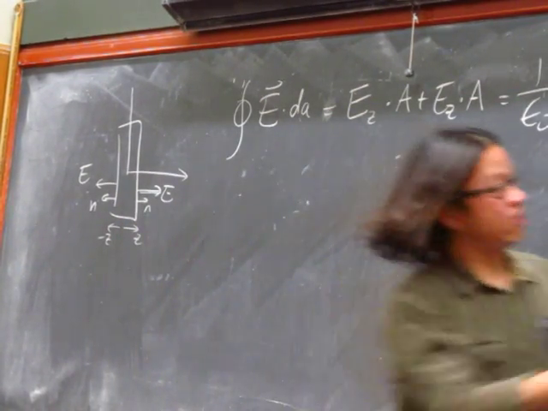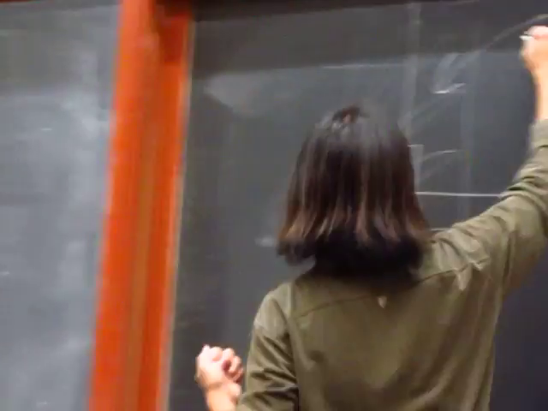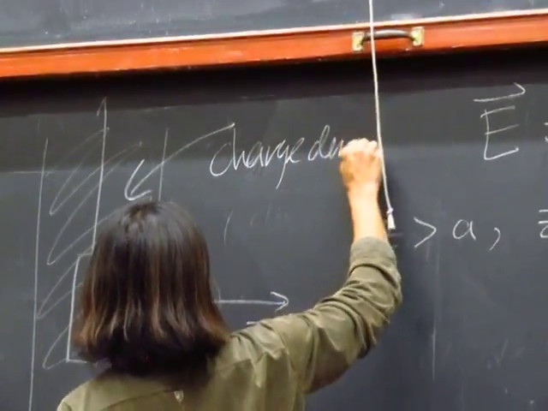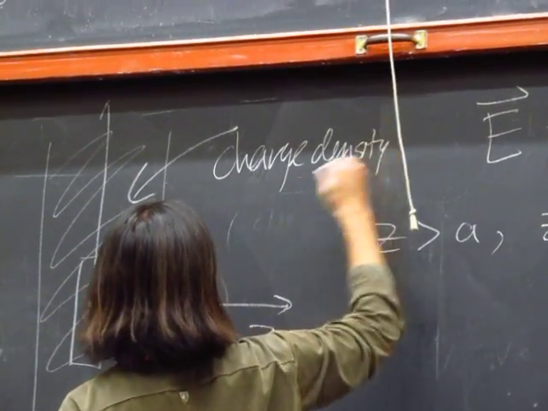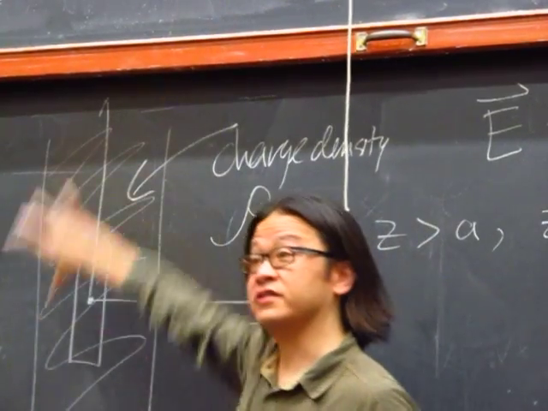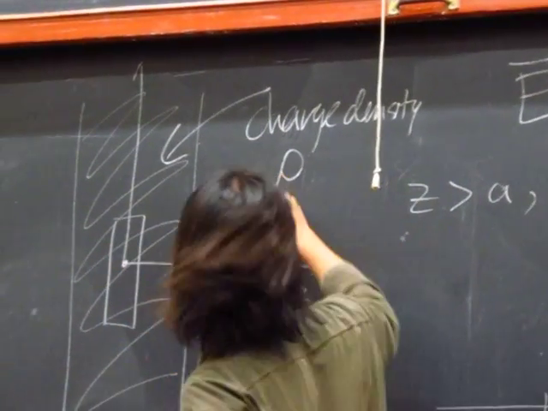Oh, by the way, I forgot, this has a charge density rho, going everywhere along the slab, uniform.